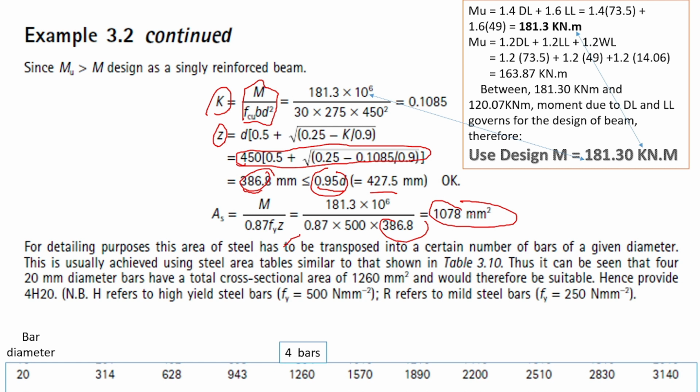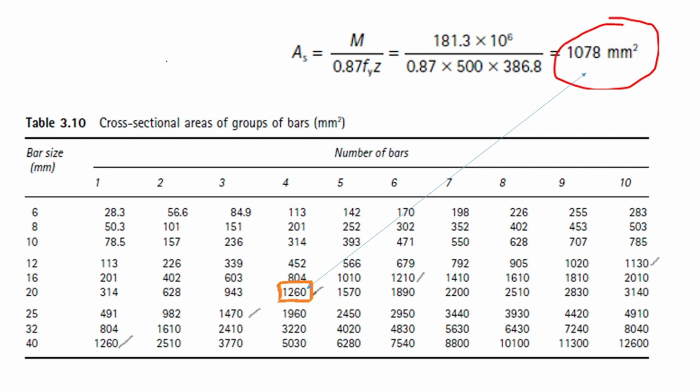We design the midspan, so meaning this reinforcement should be at the bottom. So looking at the table for you to get your number of bars, here you see number of bars, pieces of bars. So the requirement is 1078. Let us say initially we have assumed that we can use 20 millimeter diameter.